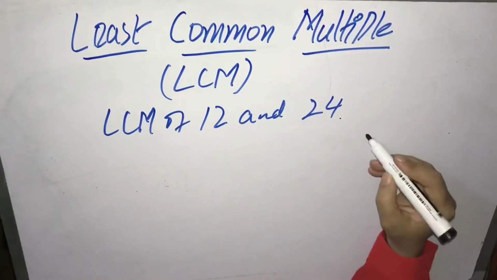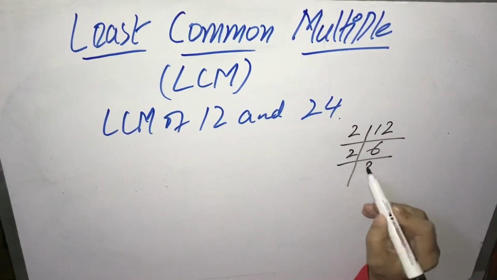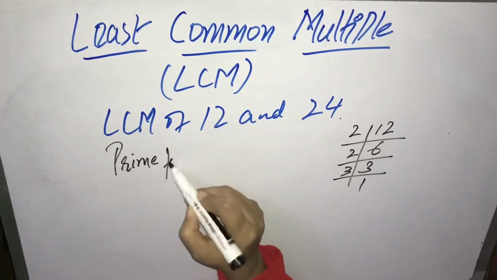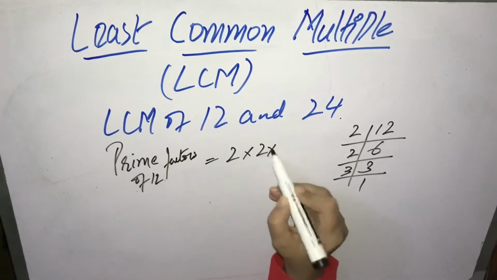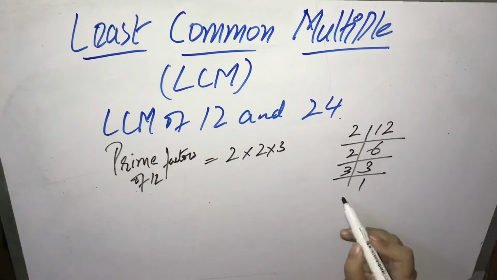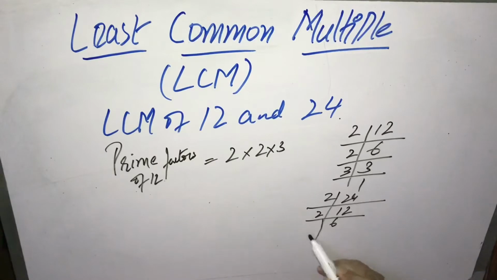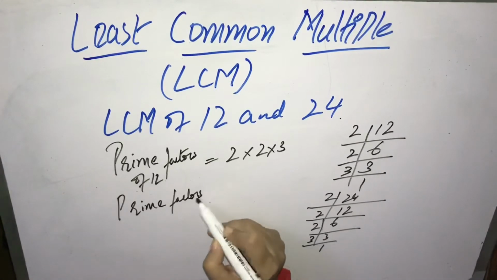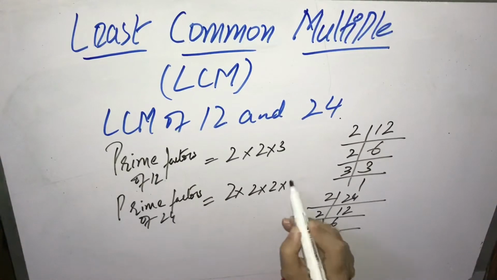If I make their separate ladders, the ladder of 12 gives the prime factors of 12 as 2 cross 2 cross 3. Similarly, I make the ladder of 24 and have prime factors of 24 as 2 cross 2 cross 2 cross 3.